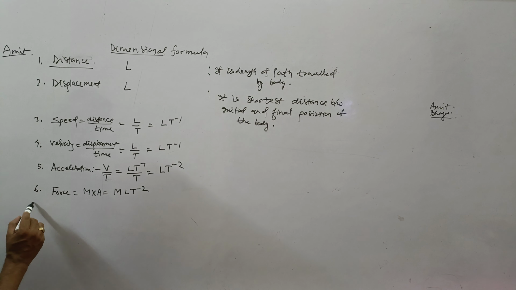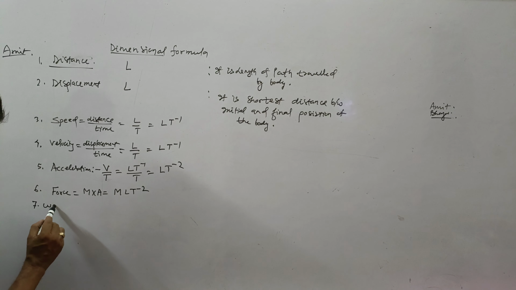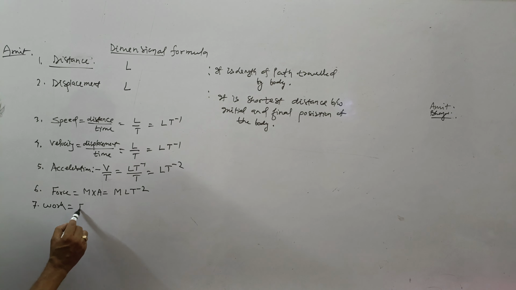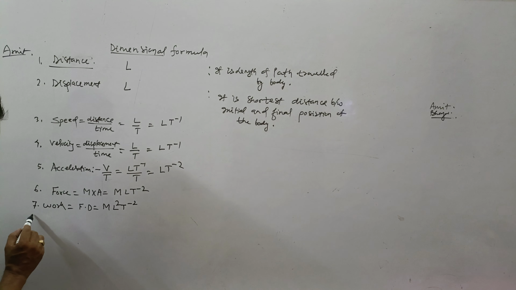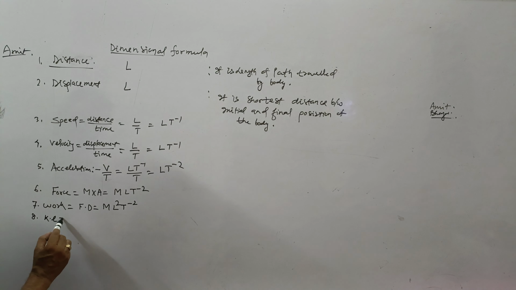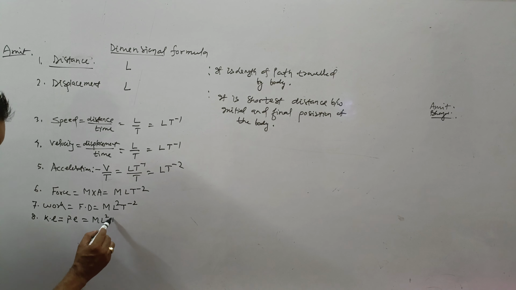Then we have work. Work is force into displacement. Force is mass into acceleration, into displacement, so it is ML square T to the power minus 2. Then kinetic energy will be equivalent to potential energy. It will again be ML square T to the power minus 2.